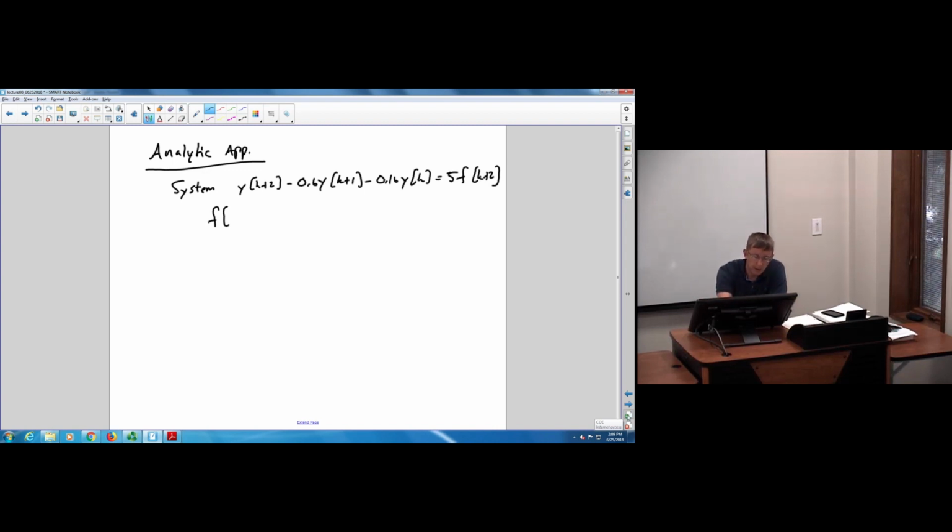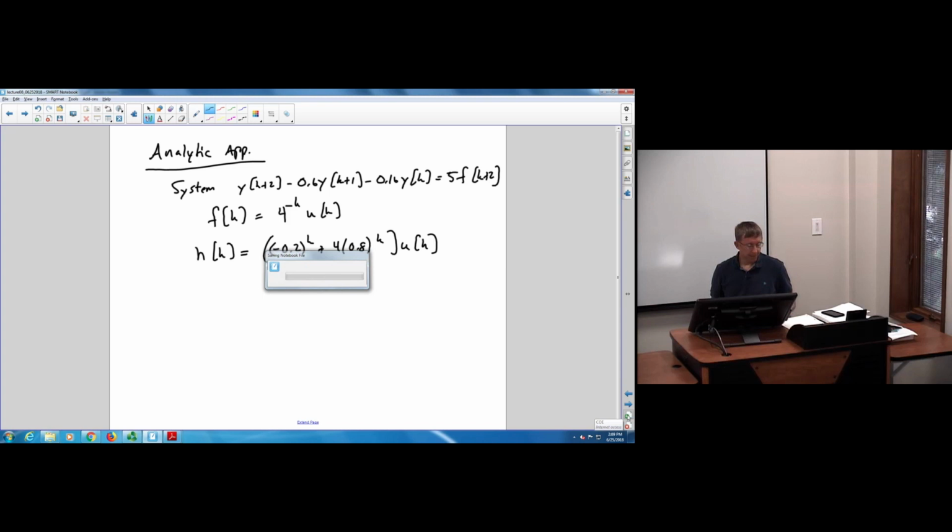And for this example, we actually found the impulse response. If you weren't given the impulse response, you might need to compute that first. That's a whole other problem. But we already computed the impulse response for this system. We found that h[k] was equal to minus 0.2 to the k plus 4 times 0.8 to the k, times u[k]. Okay, so that's something we figured out previously.